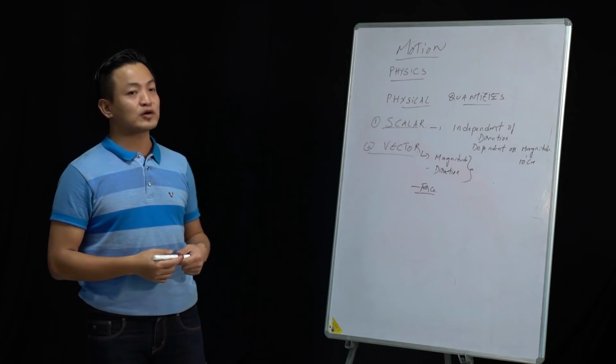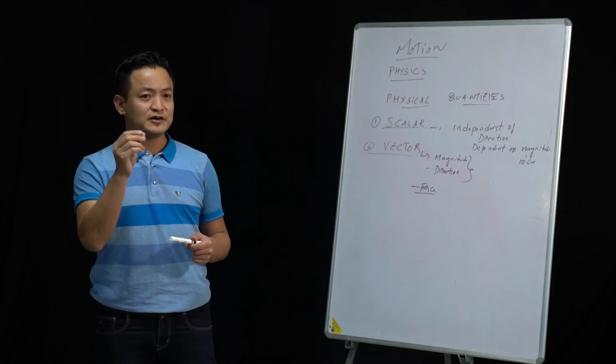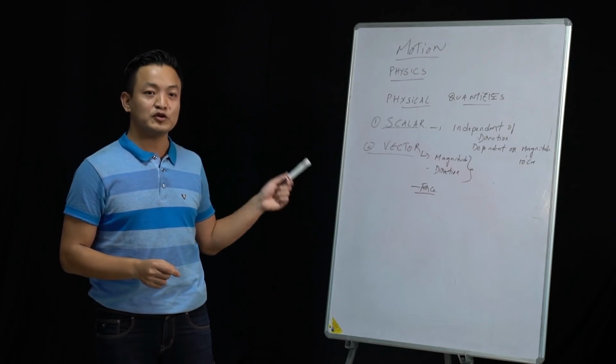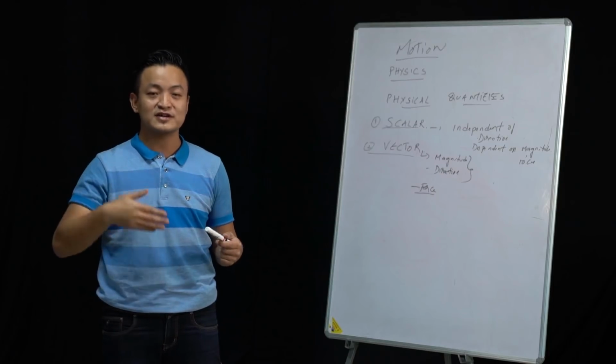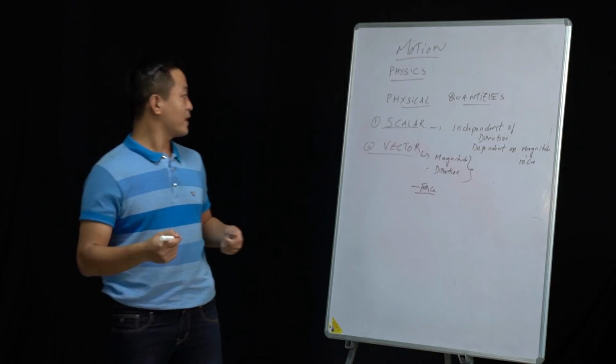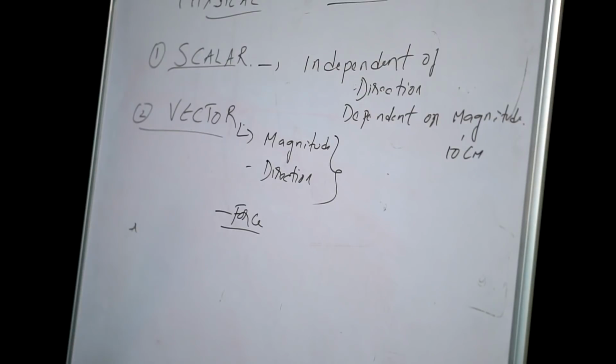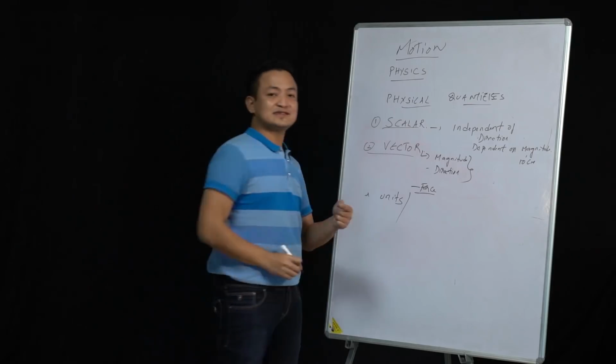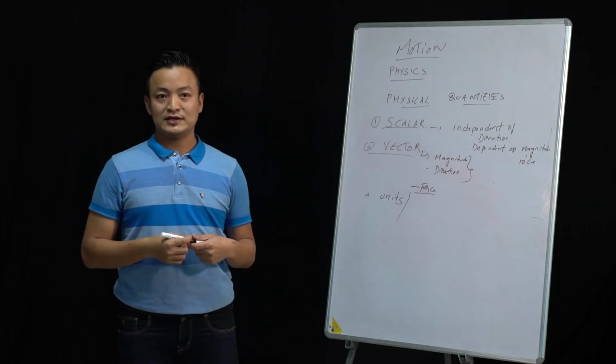So learning the basic knowledge is very important, because if you don't know the basics from now, you will suffer in your later parts, in your higher studies. Clear? Next topic will be why we have to study units, or why units are very important.